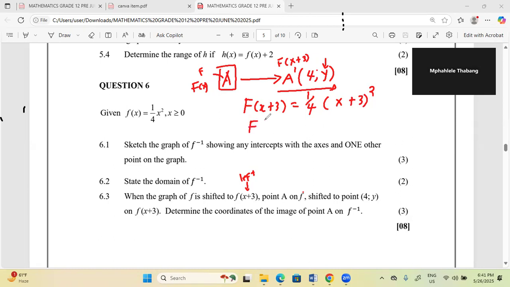So I will say f of 4 equals 1 over 4 times 7 squared. 7 squared is 49. So I have 49 over 4. So determine the coordinates of the image of point A. Yes, the A prime. The coordinates of the image of point A are (4, 49 over 4).